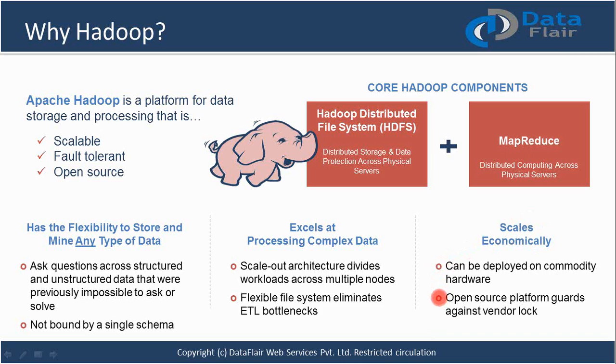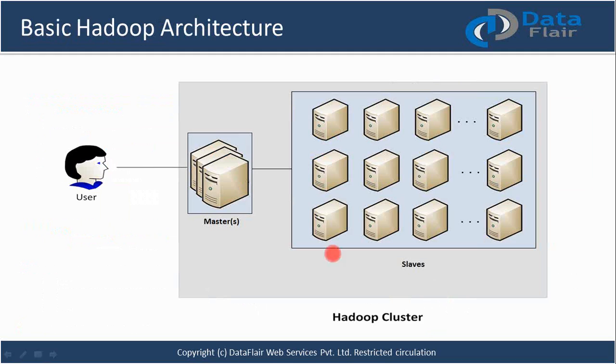After looking at the answer of why Hadoop, let's see the very basic architecture of Hadoop. I'm saying basic architecture because we are just looking from quite high. With time we will drill down and see more information about the same.